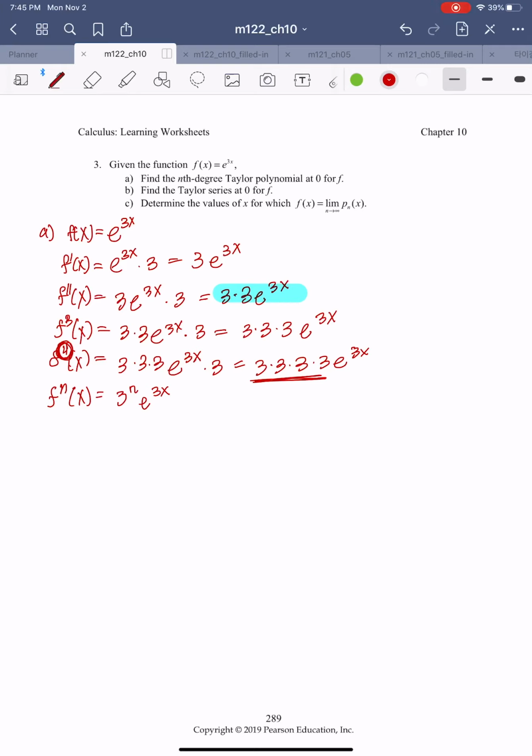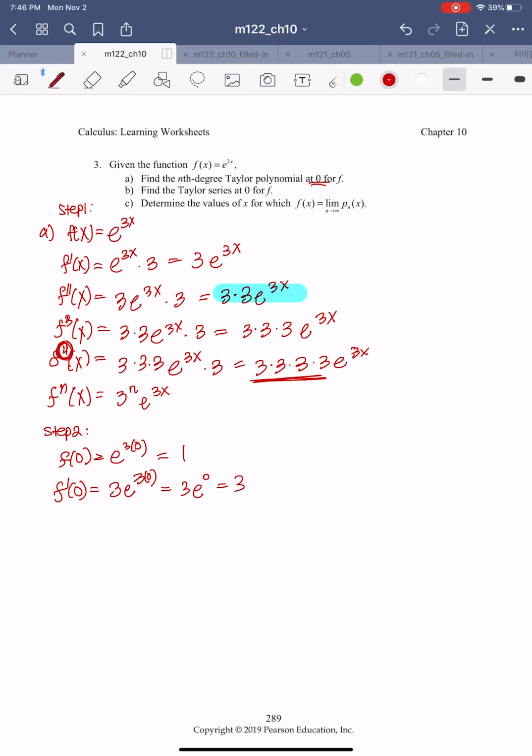Now, for the Taylor polynomial at 0, we are going to plug in 0 to find the coefficient. So that's step 1. Step 2, we plug in the a value. So f of 0, that's e to the 3 times 0, which is e to the 0, which is 1. The first derivative of 0, that's 3 times e raised to the 3 times 0, which is 3 times e to the 0, which is 3.